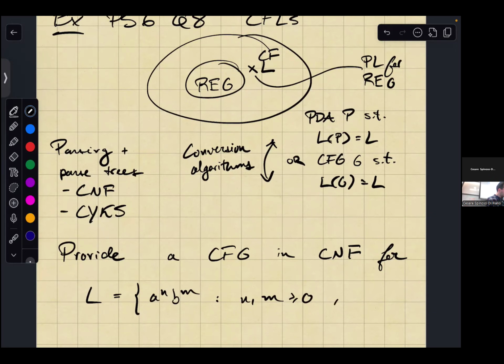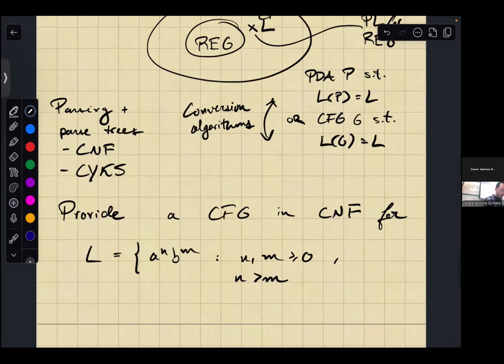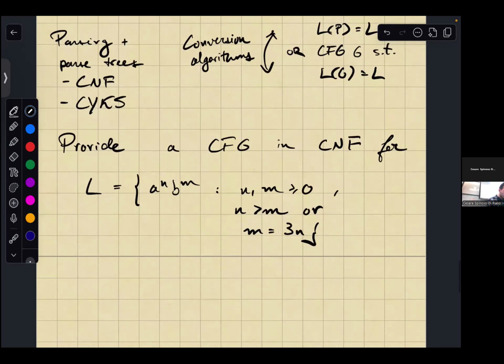And in this case, this is a disjunction: either n is strictly greater than m, or m is equal to 3n, right? So a string is in L if and only if, for instance, it looks something like a^7 b^5, because here the number of a's is strictly greater than the number of b's.